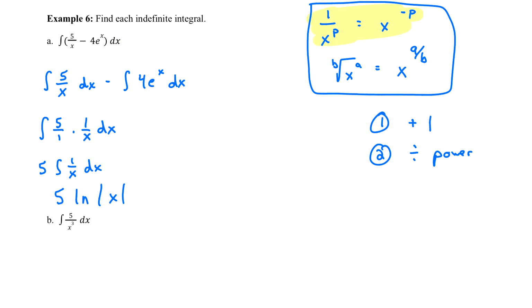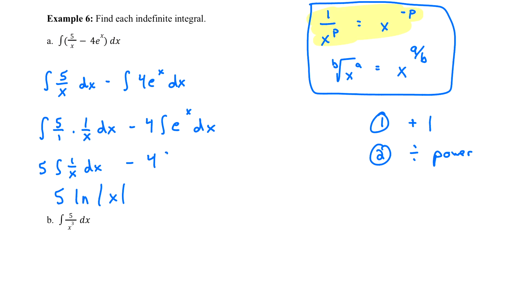For the right-hand side, I would take a similar approach, where I would factor out this 4. So I would say minus 4 times the indefinite integral of e to the x dx. And I like to do all my integration in the same step, so I'm just going to bring that down.